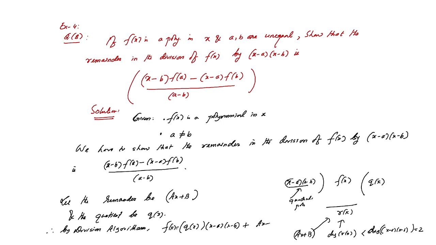So r(x) is basically Ax plus B. So that means f(x) is (x minus a)(x minus b) multiplied by some quotient plus Ax plus B. This is an identity in x, so if we put any value of x on both sides, it remains the same.